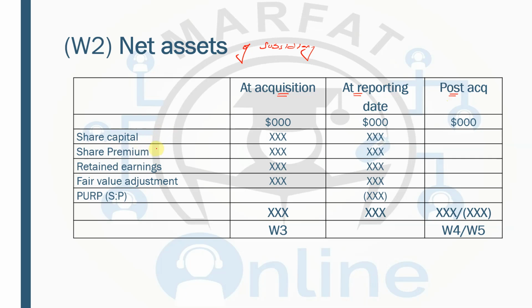Now share capital and the share premium of the subsidiary, from where can we get it? We can get it from the subsidiary's statement of financial position. So we take the subsidiary statement of financial position, go to the share capital and share premium or equity shares, and then place the figures over here at acquisition and at reporting date.